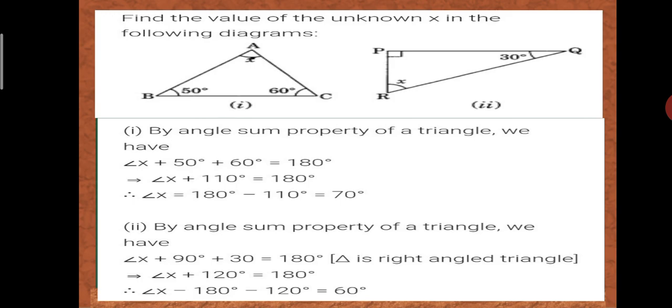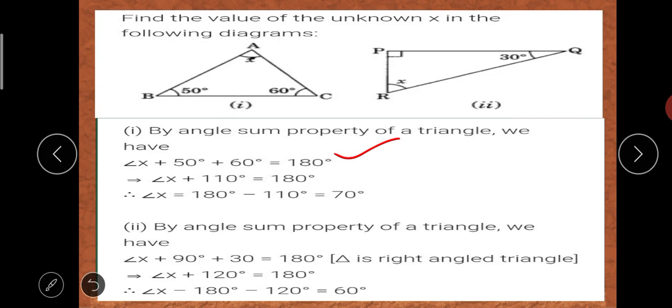Now we already know that their sum will be 180. So let's write here x plus 50 plus 60 equals 180. When we add 50 and 60, we get 110. Means x plus 110 equals 180. Now we have to find the measurement of x.